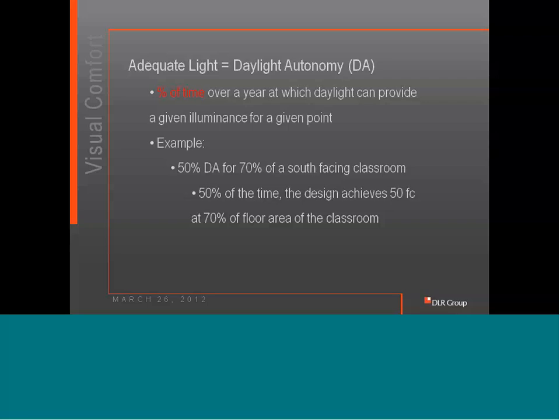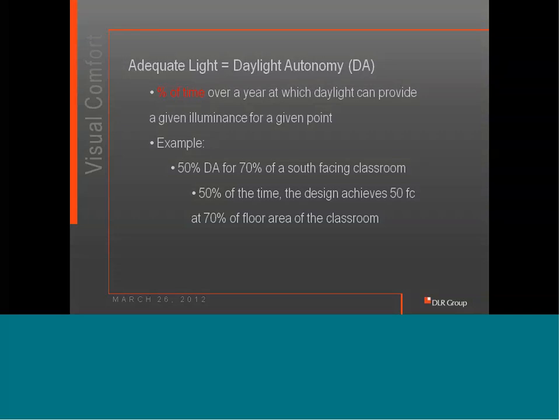In this example, 50% daylighting autonomy for 70% of a south-facing classroom means 50% of the time the design achieves 50 foot candles at 70% of the floor area. Does that make sense? The reason I'm going through this is that once we use Spot, the final output of Spot will be in these terminologies, so we should be able to understand it and see if it impacts our design.